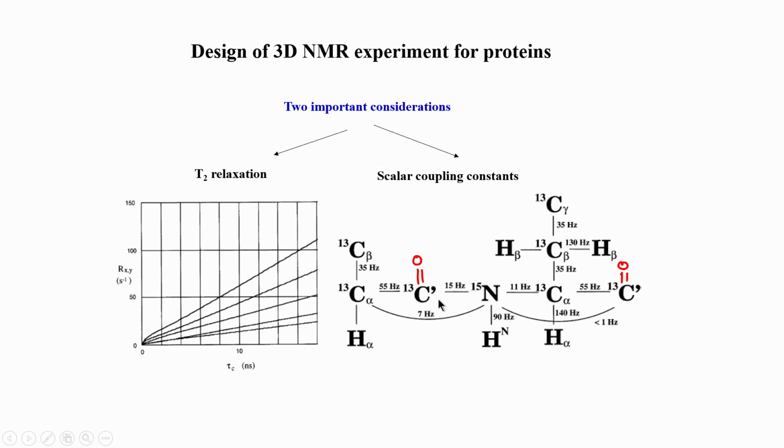Now, if you look here, nitrogen to carbonyl, the neighbor one bond, is 15 hertz, and you see nitrogen also has a coupling all the way here, this is a 2 bond coupling of 7 hertz, and nitrogen has a 2 bond coupling here, but that is pretty weak, less than 1 hertz. And nitrogen to this carbonyl C alpha, this is important also for us to know, and this coupling constant is 55 hertz.